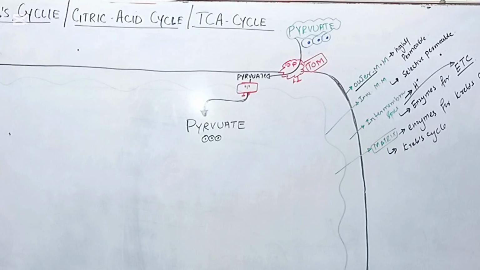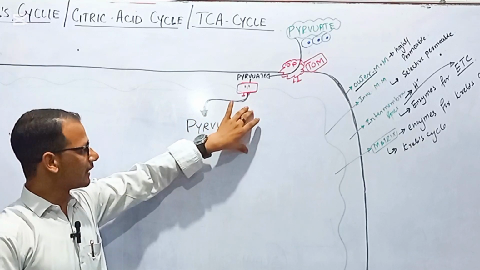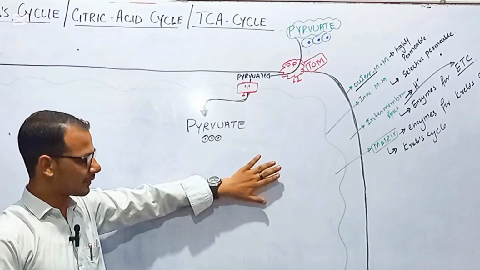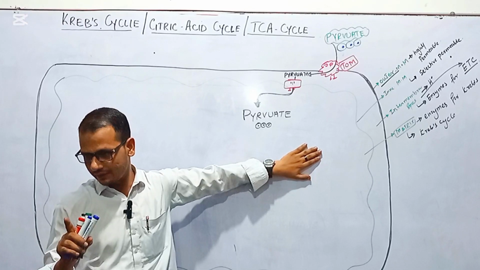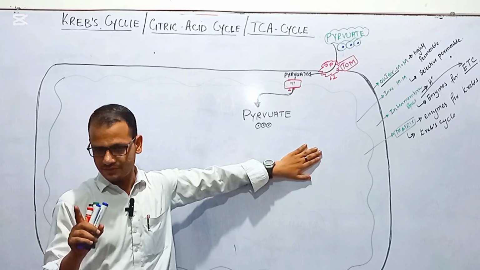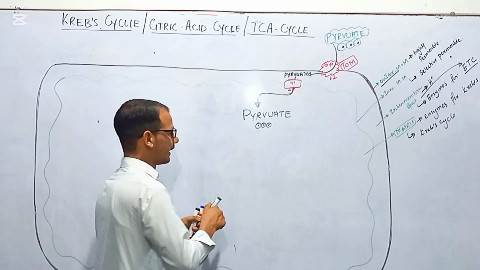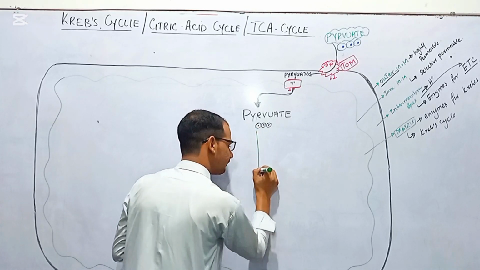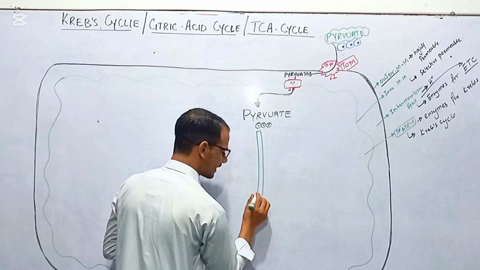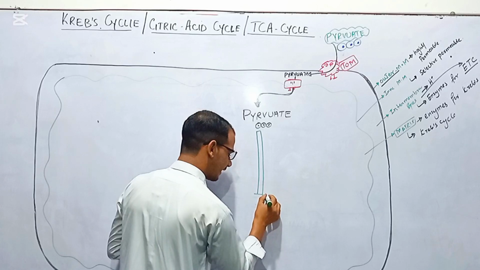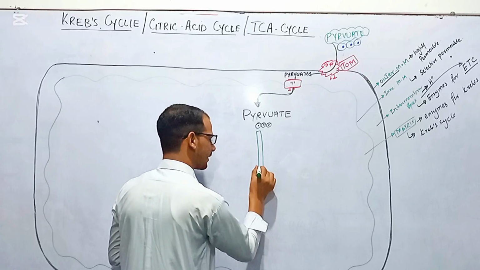But again remember that this link reaction will occur in the mitochondrial matrix, but this is not part of Krebs cycle, from here up to here. For example, here it will convert into acetyl coenzyme A, and how many carbons does acetyl coenzyme A have? It has 2 carbons.